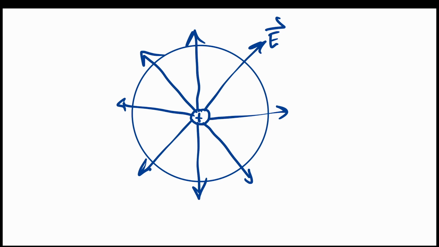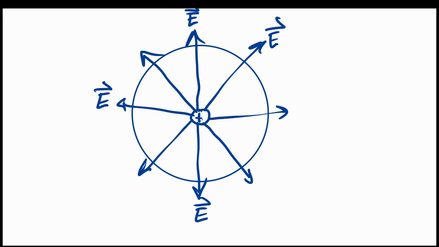And all those arrows are the local electric field at the surface. And so you have a sphere surrounding that point charge in the middle. What is the flux of the electric field going through the surface of that sphere?